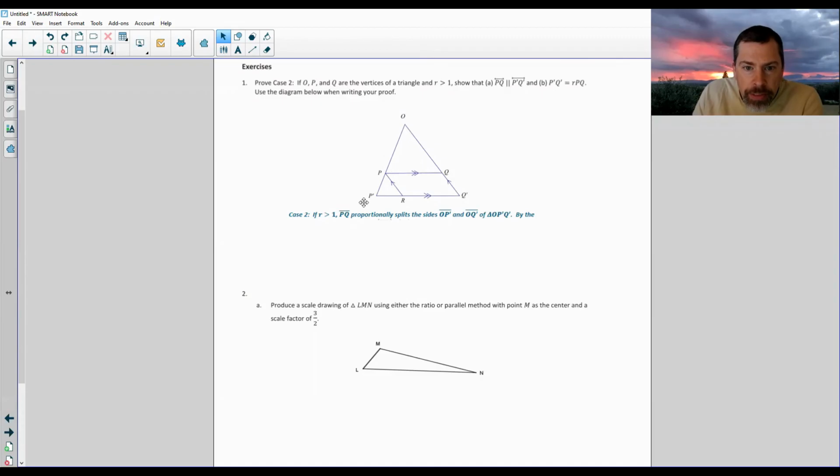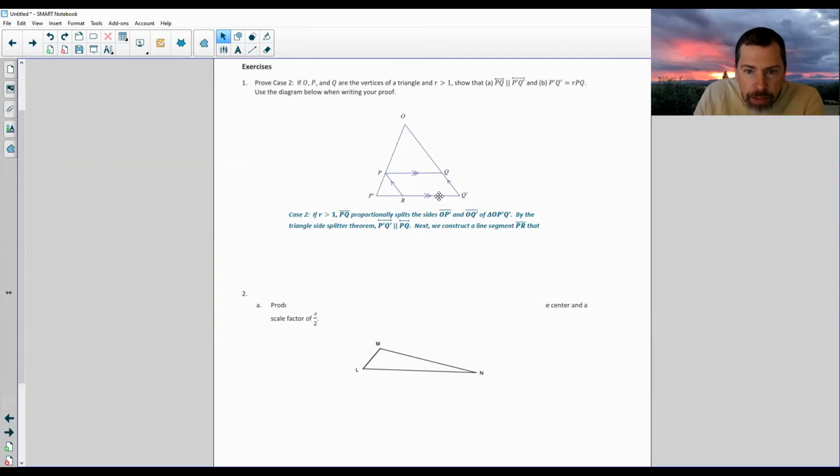This side splits. It's a side splitter. OP prime and OQ prime got split proportionally. So OP is to OP prime as OQ is to OQ prime.